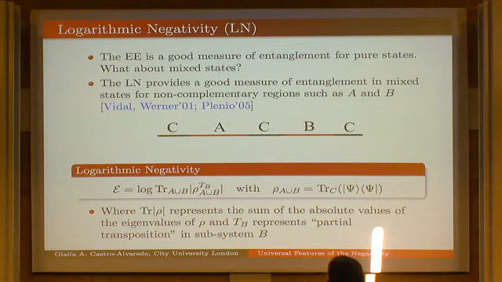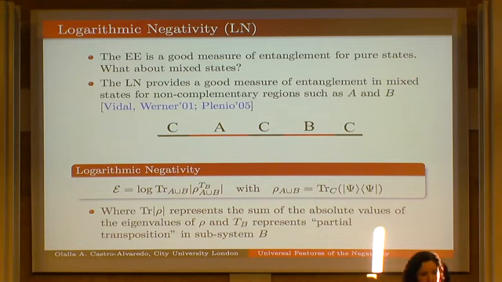This matrix here that has this superindex, this T_B, represents a partial transposition in subsystem B. So essentially, you are taking this reduced density matrix and you are transposing the degrees of freedom associated to the Hilbert space of subsystem B. That gives you a new matrix, and it turns out that this new matrix is not necessarily positive definite.